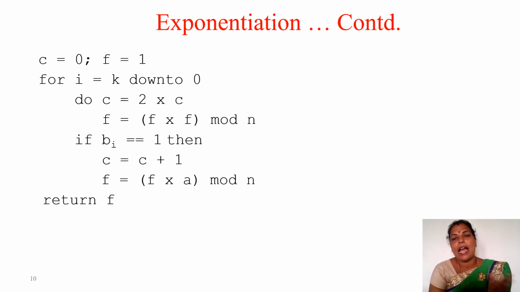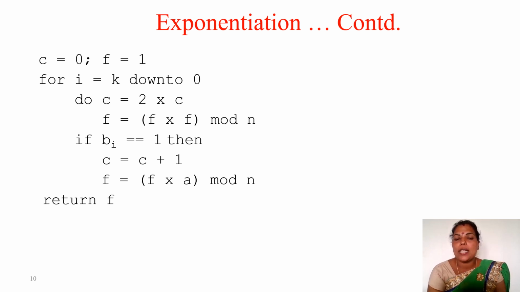For that we have an algorithm. We set the value C equal to 0 and F equal to 1. Then for i equal to k down to 0, we compute C equal to 2 into C; the initial value is 0. Then we perform repetitive squaring as well as multiplication: F equal to F into F mod n, the squaring operation.